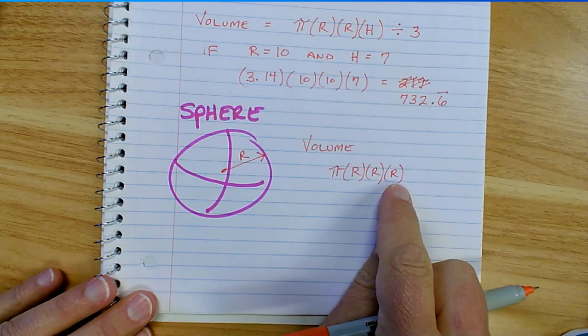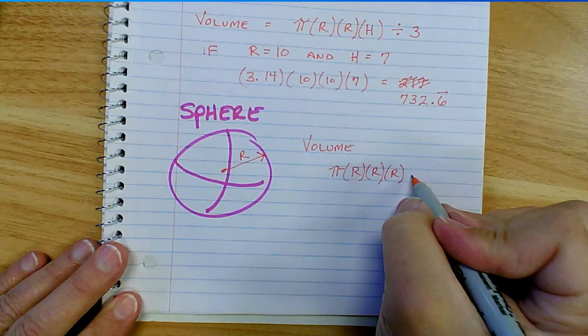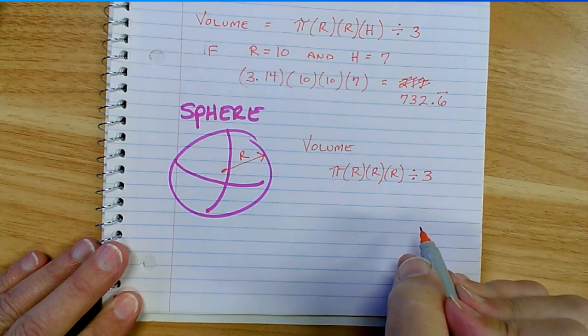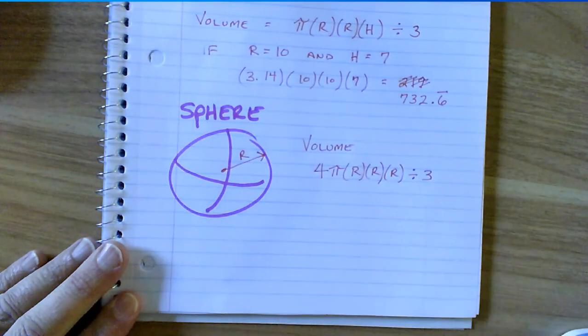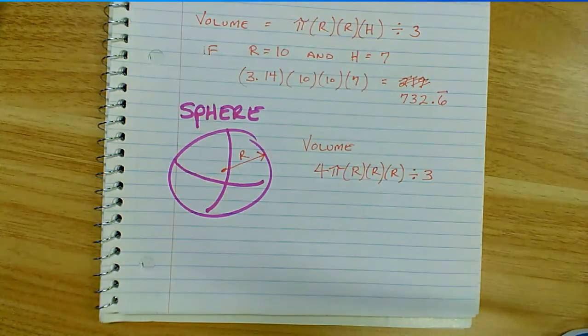So I started the sphere, but I changed that to an R, not an H. And now I'm going to divide it by 3, kind of like the cone. But now, ready? I put a 4 in front of it. So it's 4 pi r cubed divided by 3.